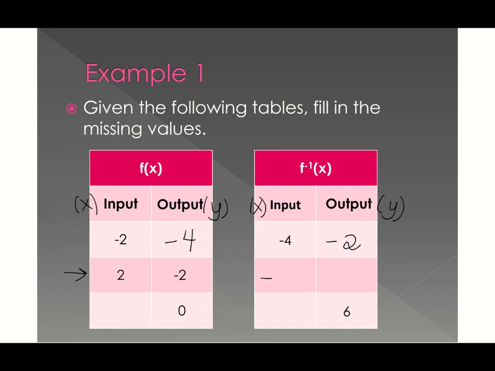So we would have -2, 2. Then if we had a y value of 0, that would become our x value. And if we had a y value in our original function, that would be our x value. So we can see that we're flipping our x and y's when we have a representation of a function in a table.